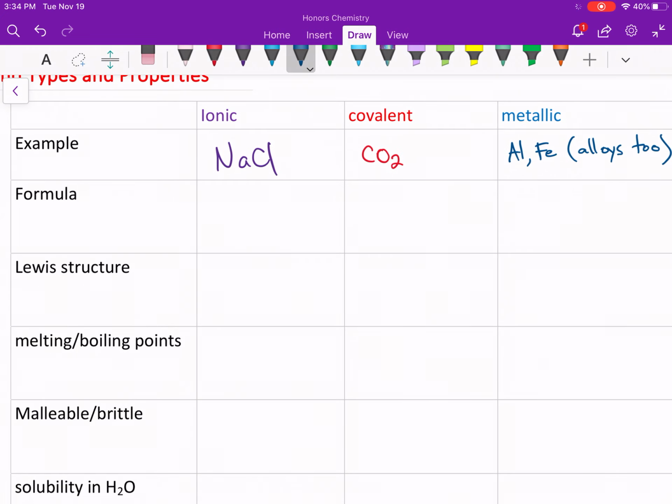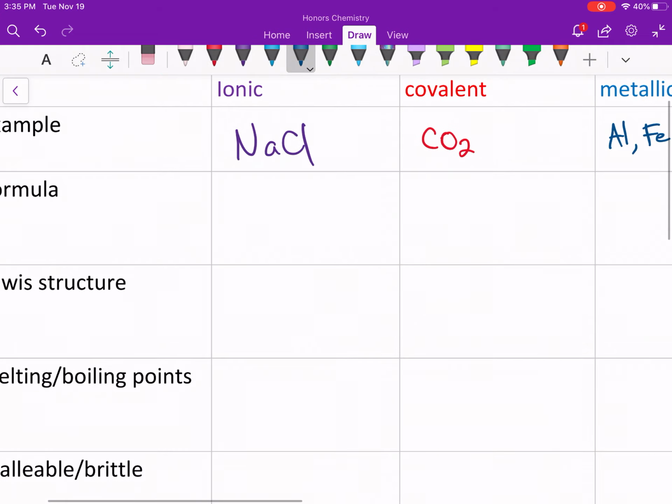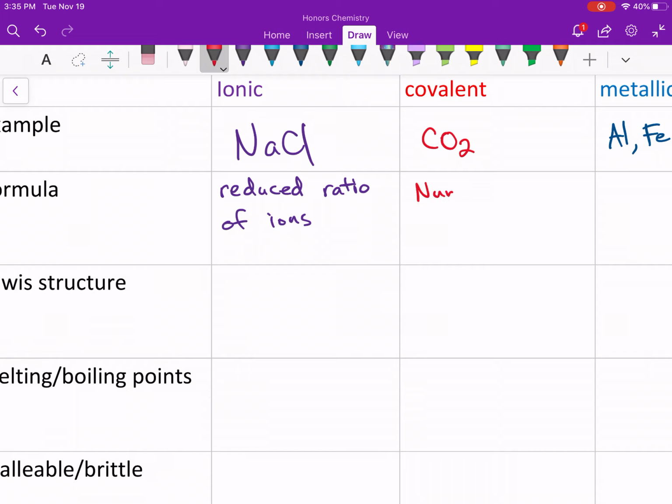Now, an important distinction to make with the formula is that for an ionic compound, the formula tells us a reduced ratio of ions. But when we look at a covalent compound, it's a little bit different. It's not reduced necessarily. So it's the number of atoms in the molecule.